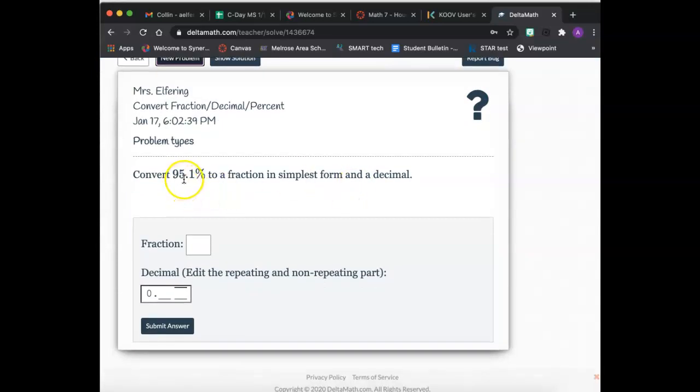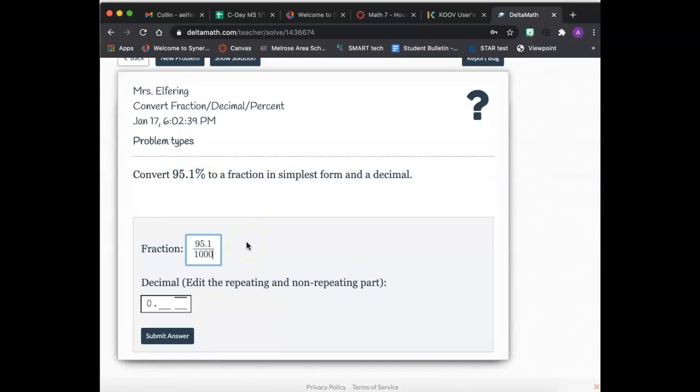Here we have 95.1%. Okay, now that might be like 95.1 over 100, but we don't like to have decimals within a fraction. So we'd have to take that decimal and move it behind the 1, which means to put another 0 on the bottom. So it'd be 951 over 1,000.